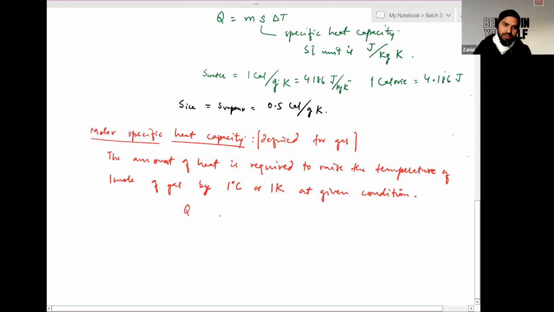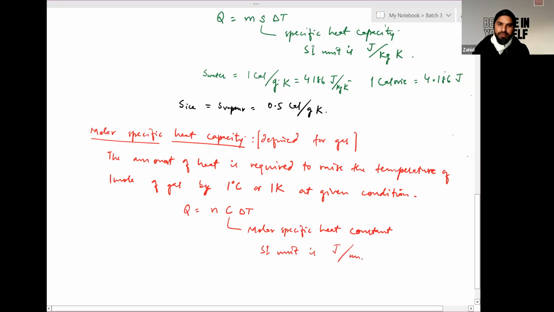So Q equals number of moles times C times delta T. This C is called molar specific heat constant or capacity. Its SI unit will be joule per mole per Kelvin.